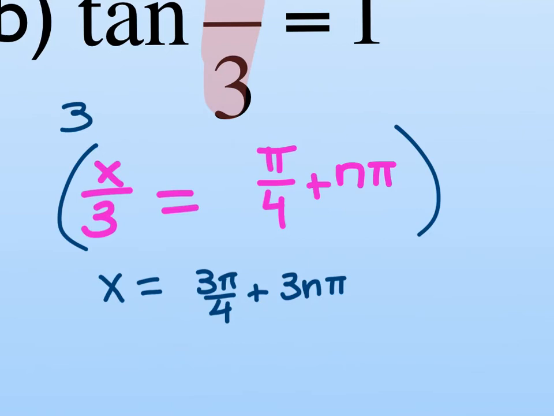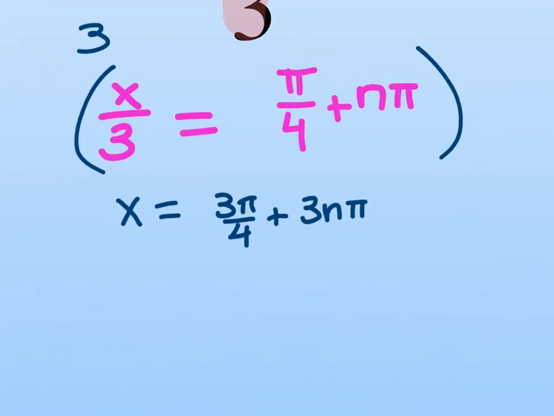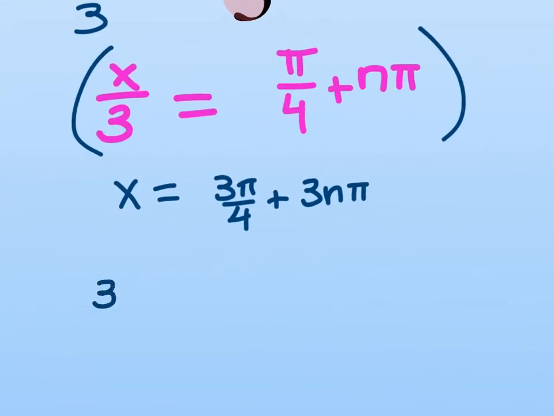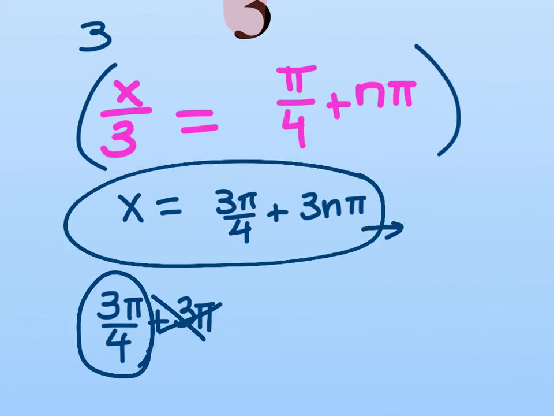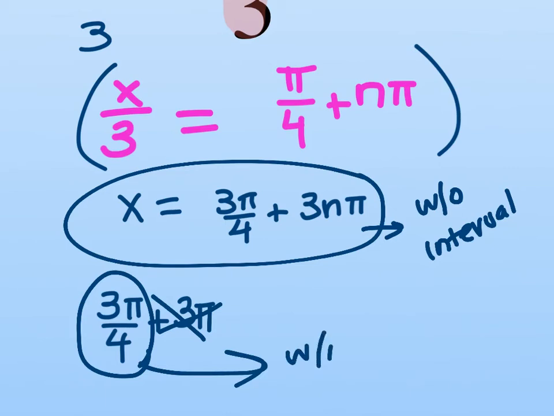If it does say from 0 to 2 pi, then the first angle is going to be 3 pi over 4. What happens when I add 3 pi to this? Is it going to be bigger than 2 pi? Yeah, so I totally ignore it, and that's the only answer that would have worked. So this would be without the interval, and this would be with the interval.